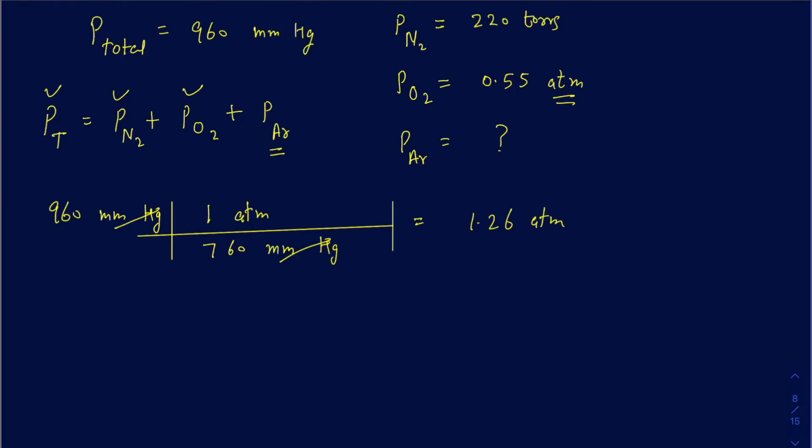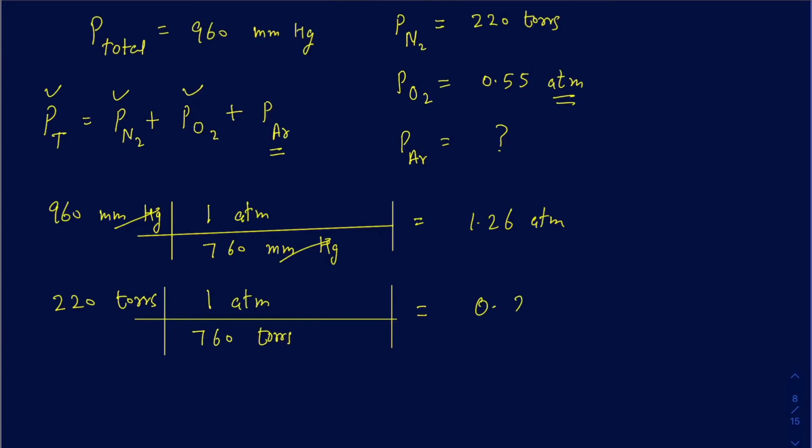I want to do the same thing with the pressure of nitrogen, which is 220 torr, and change that into atmospheres. Remember, 1 atmosphere is also equal to 760 torr. So 220 divided by 760 is going to give you 0.29 atmosphere.